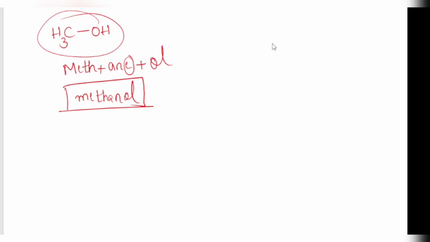Then we'll take up a different example, that is CH3, CH2, then OH, like this. Then again the same thing is there. What is the root word? If a compound contains a single functional group, first we have to write the root word. What is the root word for this? Eth is there, then again plus.